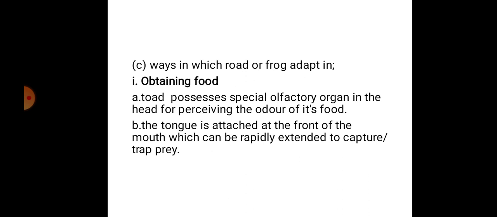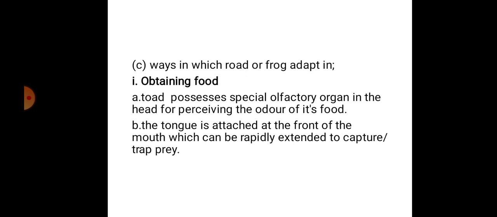Then B, the tongue is attached to the front of the mouth, which can be rapidly extended to capture or trap prey. That is how the toad is structured when it wants to obtain food. The tongue is extended very fast, and you bring it out to capture prey.